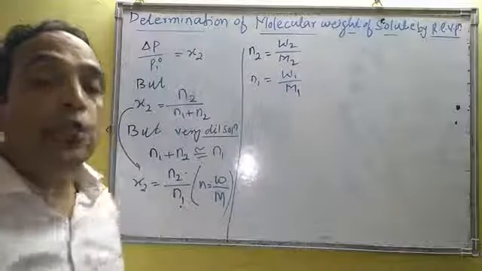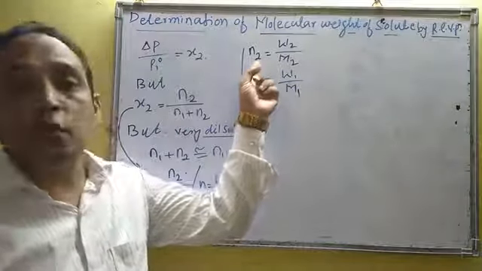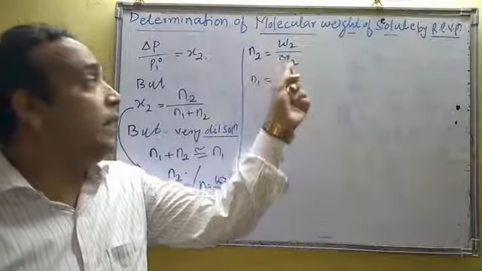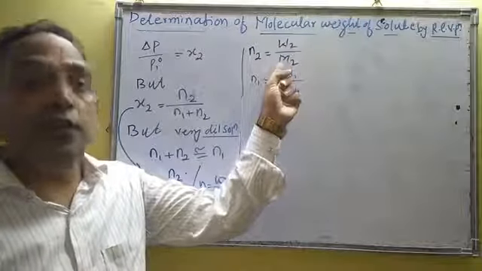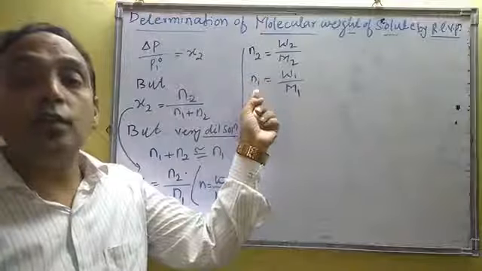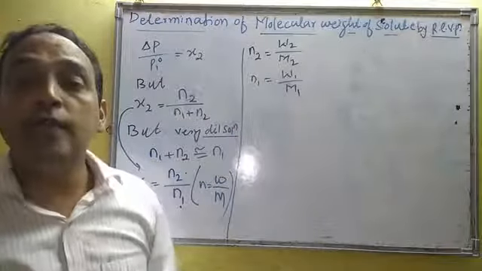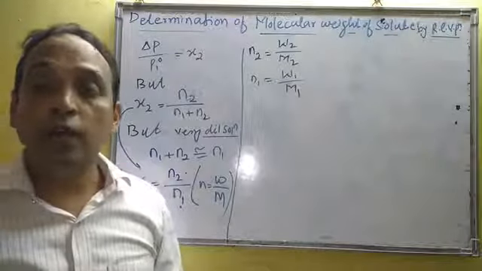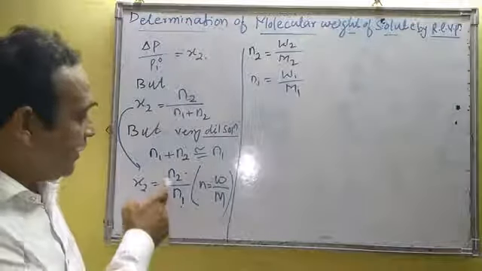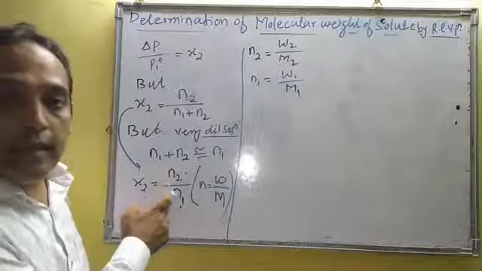Now n2 is the number of moles of solute, W2 is the weight of solute, M2 is the molecular weight of solute, n1 is the number of moles of solvent, W1 is the weight of solvent and M1 is the molecular weight of solvent. Now substitute the value of n2 and n1.